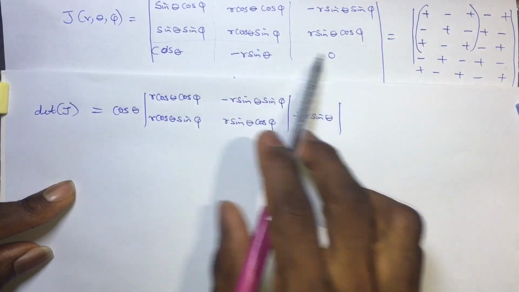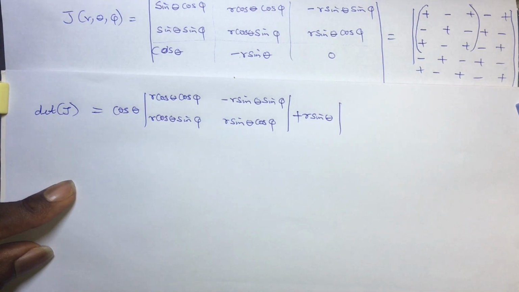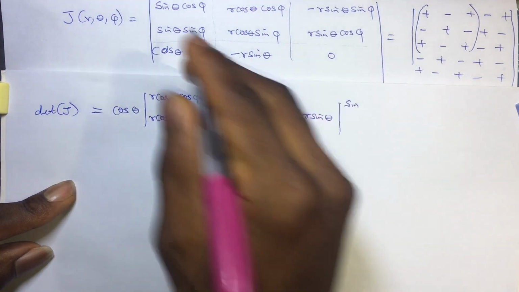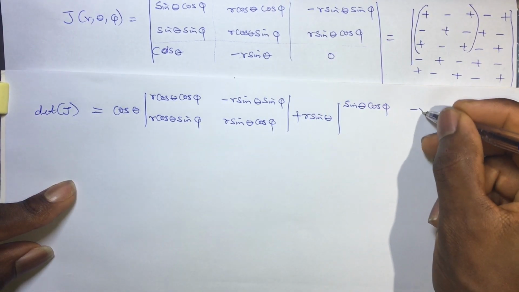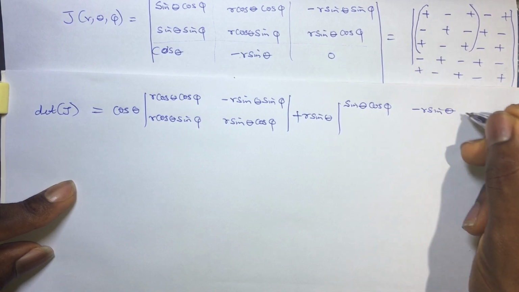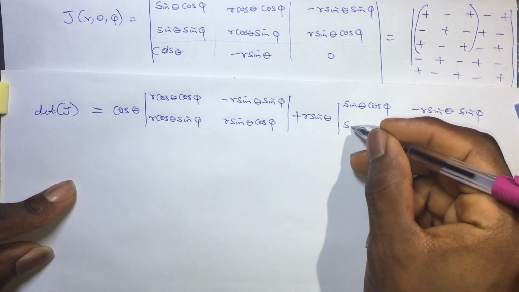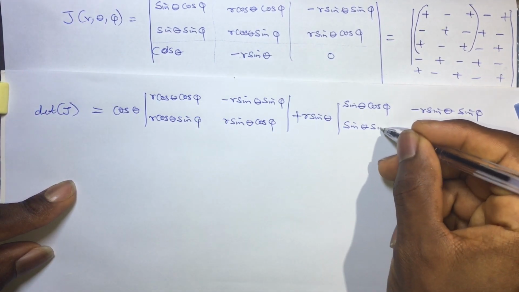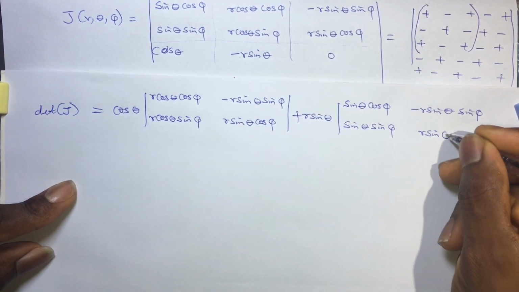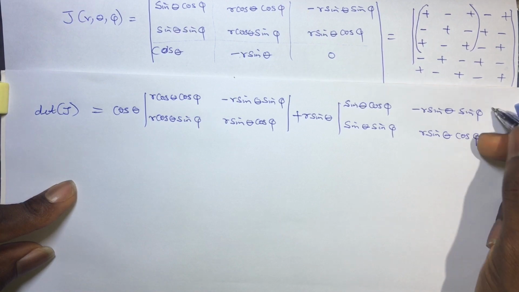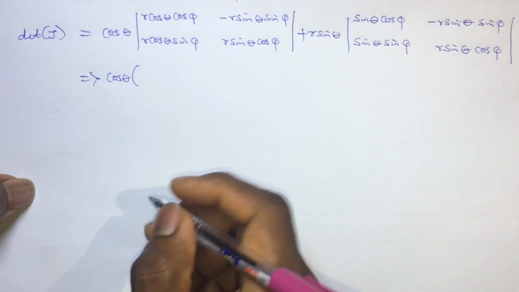Now when I map this out, these are the entries that have been left. So I have here sin theta cos phi, negative r sin theta sin phi, sin theta sin phi, r sin theta cos phi. So we have cos theta.